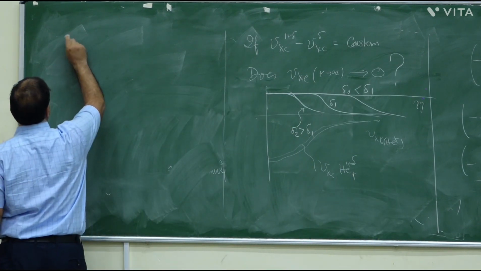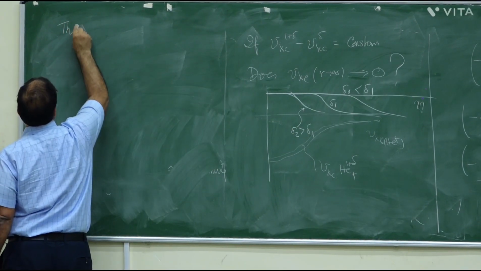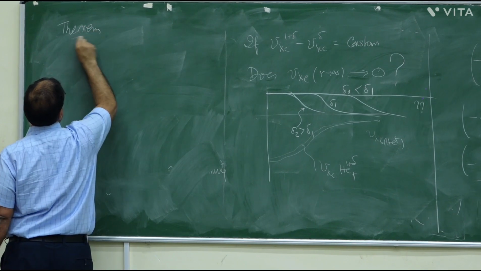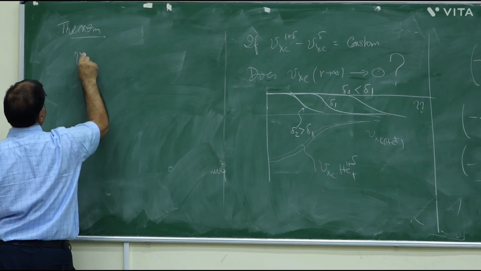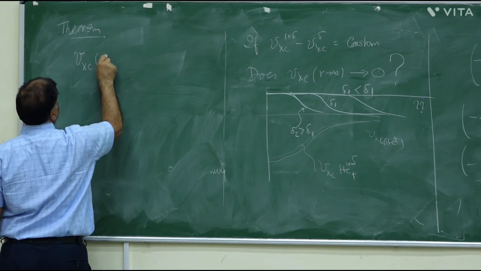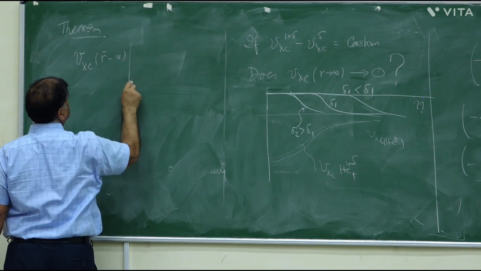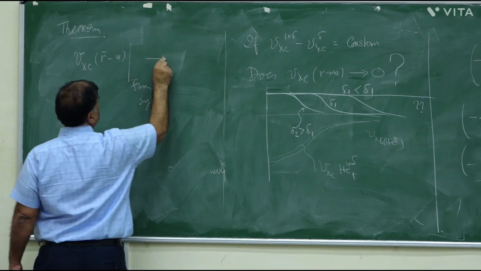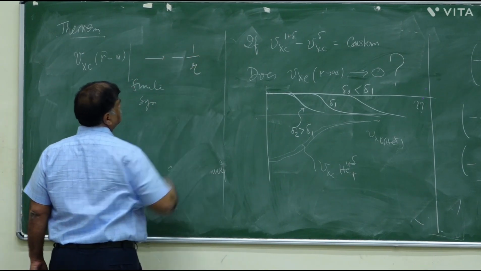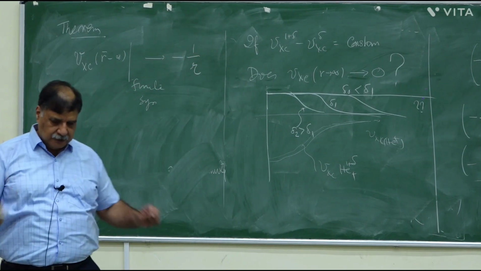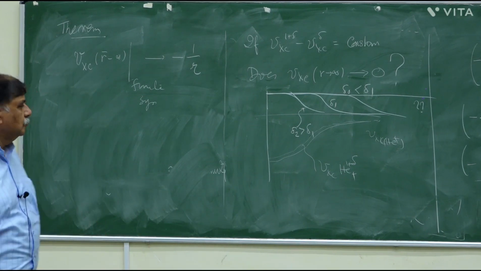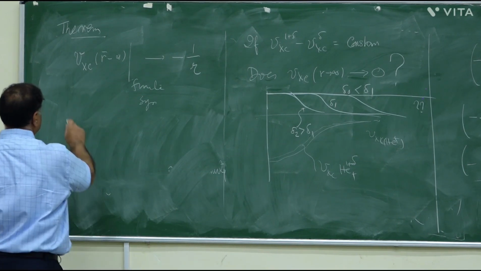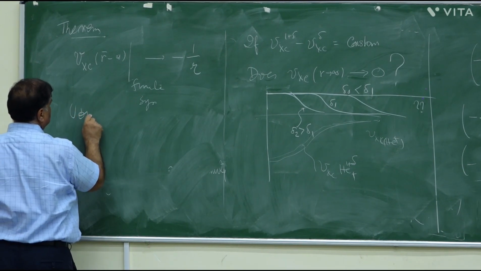You have Vxc as r goes to infinity for a finite system goes to minus 1 over r. This is proved.